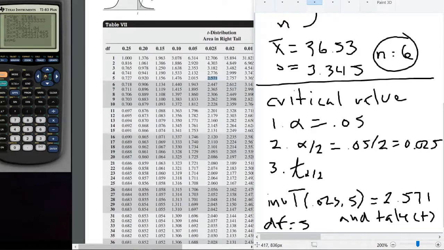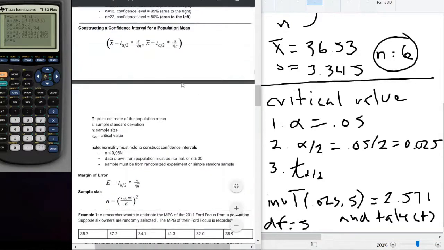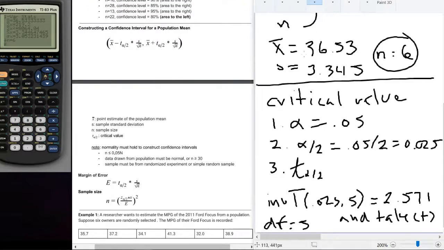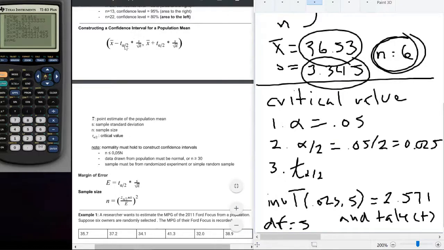So now going back to the formula, we have all the pieces we need now to find that confidence interval. We have X bar, we have S, we have the sample size, and we also now have this T alpha over 2 in the lower and upper bound.